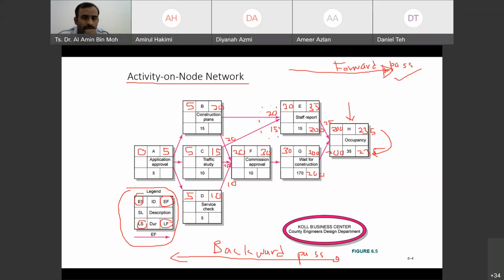So now 200 minus 15, what's the answer? 185. And 200 minus 170 is 30. So now this is direct 30 and 185 goes here.